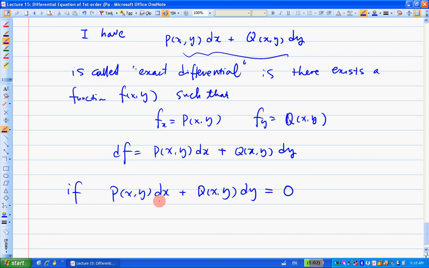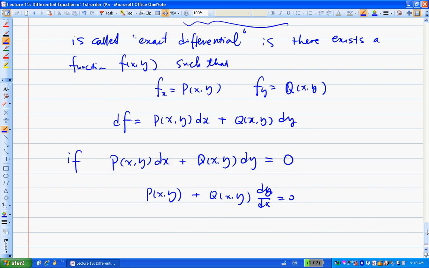But if you divide by dx, what would we call this? It's not necessarily ordinary, but it's a differential equation. The order is first order. Whether it's ordinary or not depends on the function set here. But this is a first order DE.